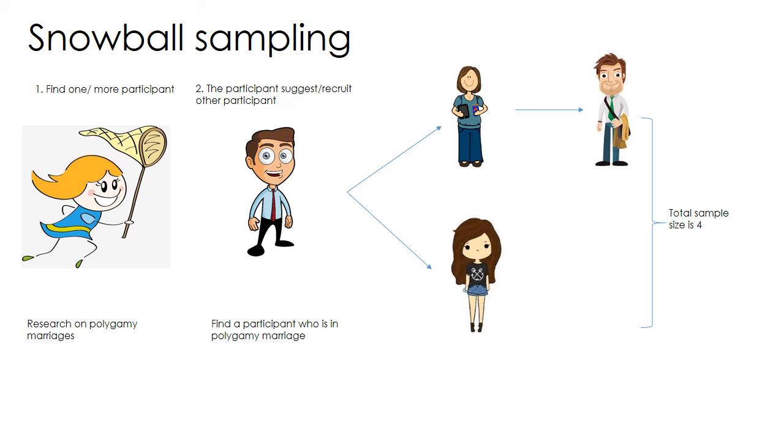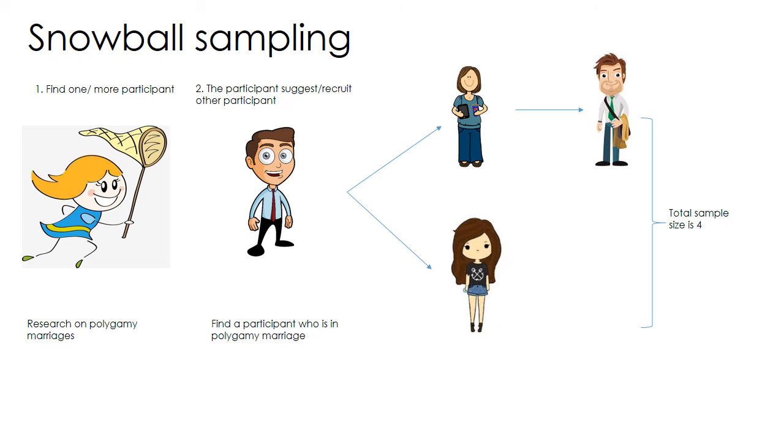If I'm being recruited into a study, then I find people who have similar issues or similar experiences to participate, and then the person that I have recruited might recruit another participant. So it's kind of like a chain of balls.